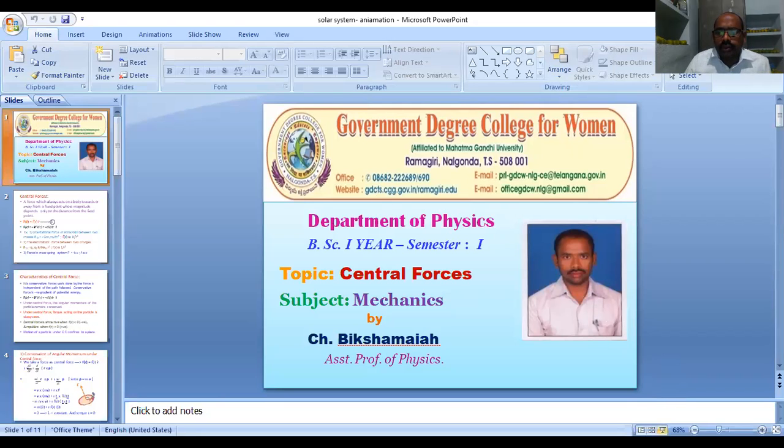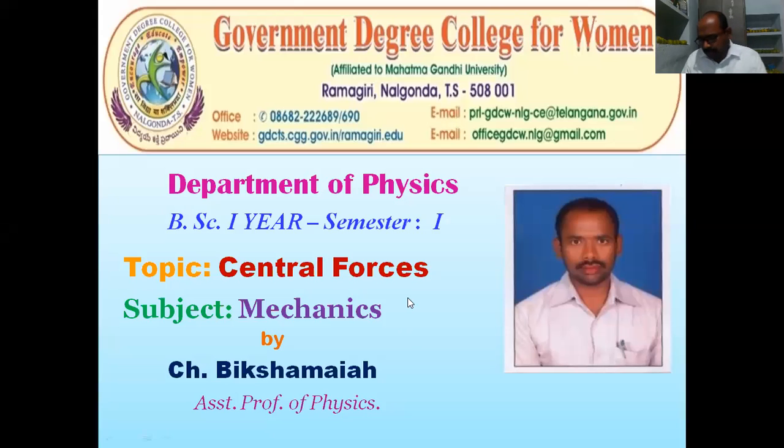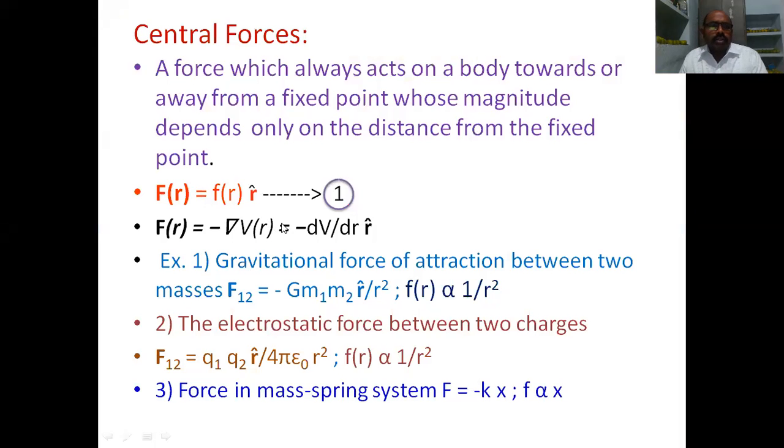So we see it now. Central forces. If we see the definition of a central force, a force which always acts on a body towards a point or away from a point, whose magnitude depends only on the distance from the fixed point.